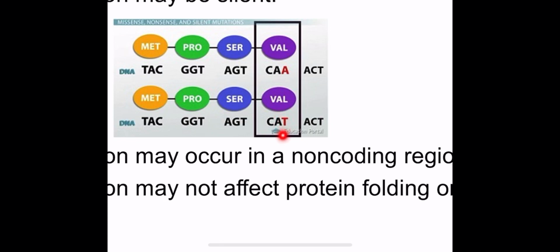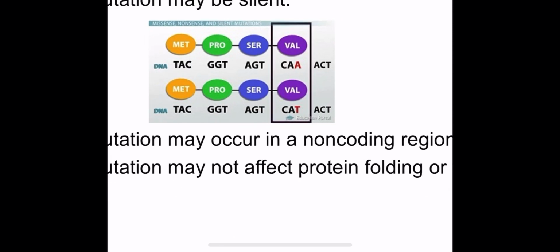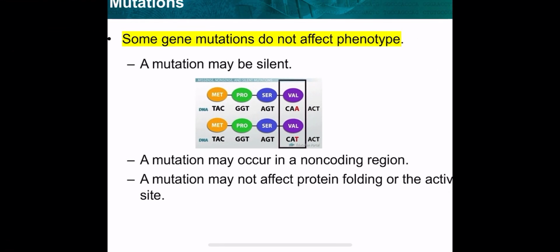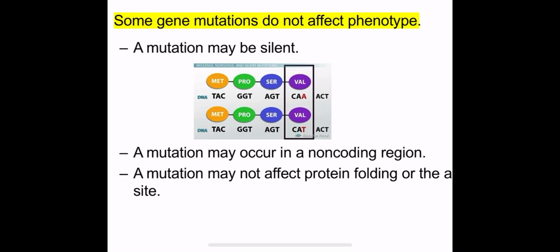So fortunately, the two codons are for the same amino acid. The codon CAA will form the GUU codon, here also GUA, and both of them are codons for the same amino acid. This is a silent mutation.